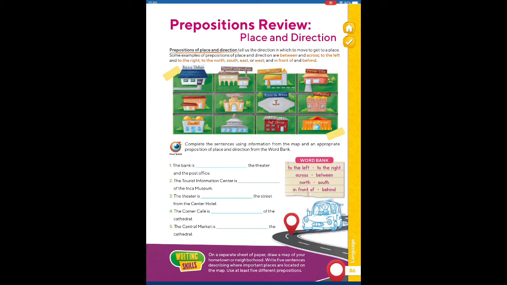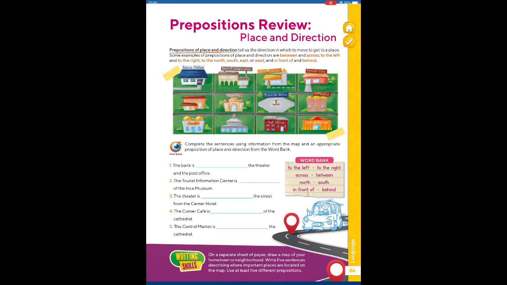Some examples are between and across, to the left and to the right, to the north, south, east, or west, and in front of and behind. Okay, so we have a map here where you have police station, tourist information, Inca Museum, Corner Cafe, Center Hotel, Town Hall, Plaza de Armas, Cathedral. I think in English it's cathedral or something like that. Theater, bank, post office, central market.